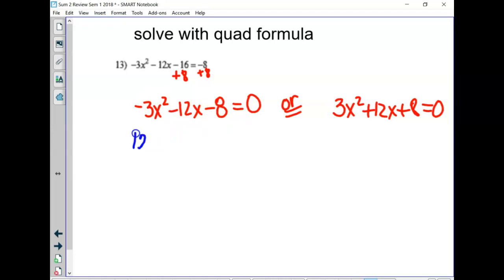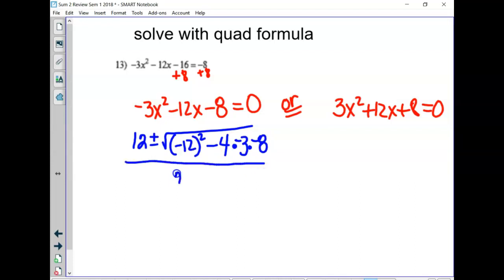Opposite of b would be 12 plus or minus the square root of negative 12 squared, which should be 144. Then it's minus 4 times negative 3 times negative 8, which should be a minus, I think, all over 2 times negative 3.